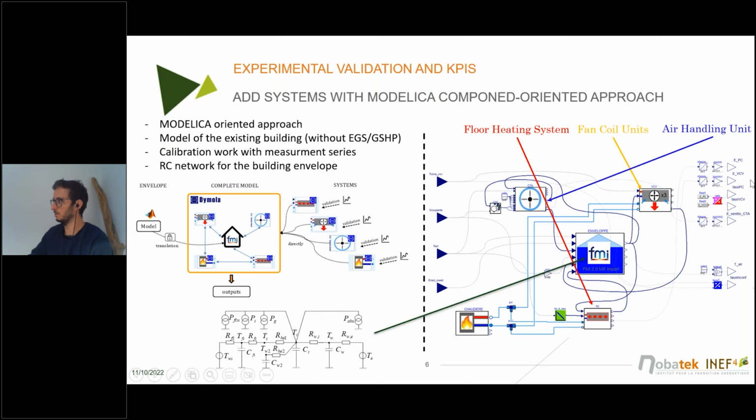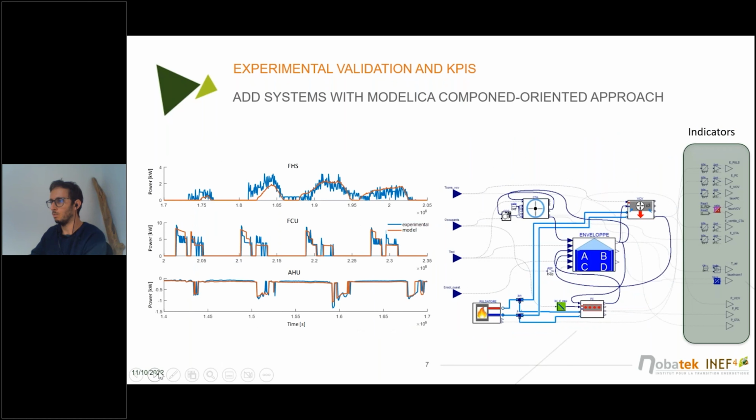And as output of this model, we have some indicators about energy consumption, the power, the air temperature in the room, and the level of comfort. So yeah, several indicators. And thanks to this model, we can now predict or simulate the thermal load to estimate the power demand of the envelope.